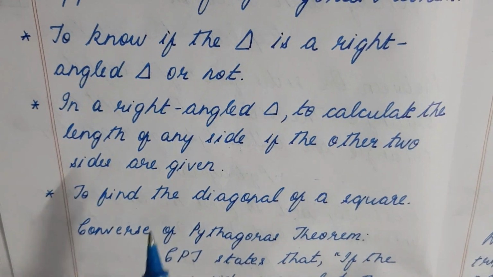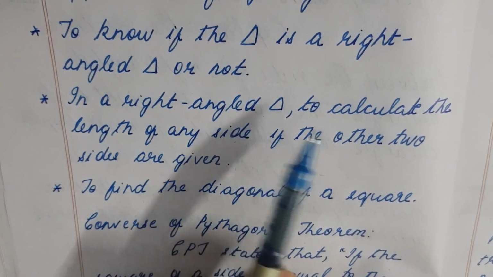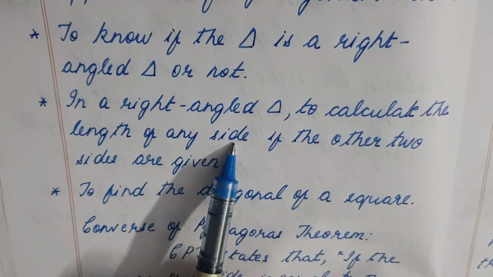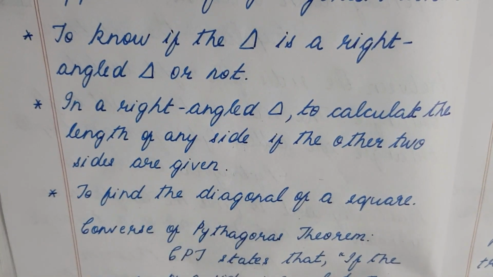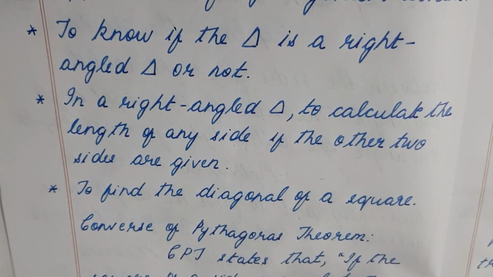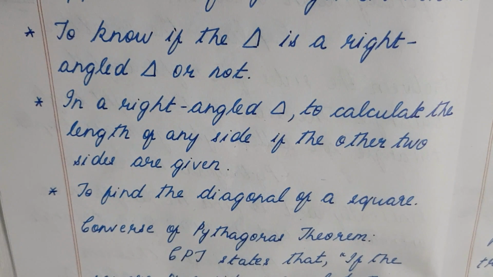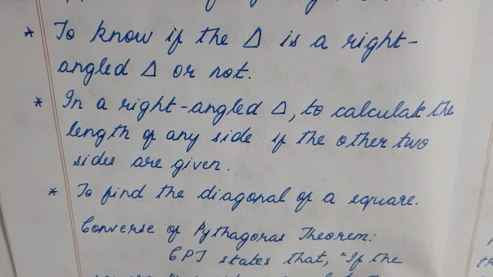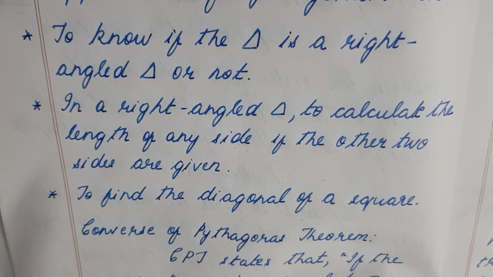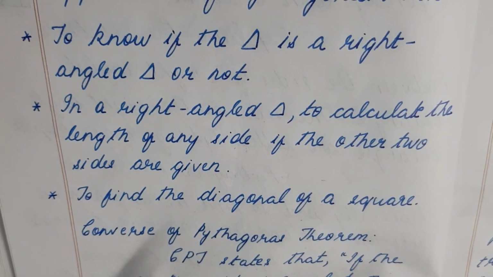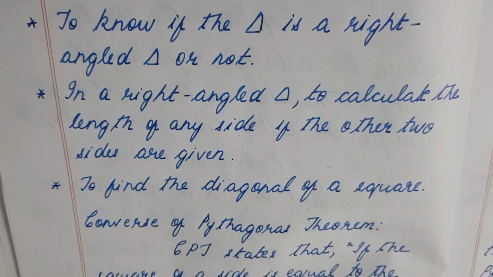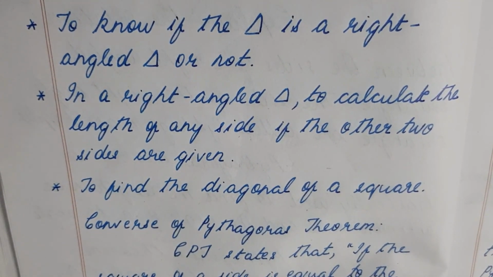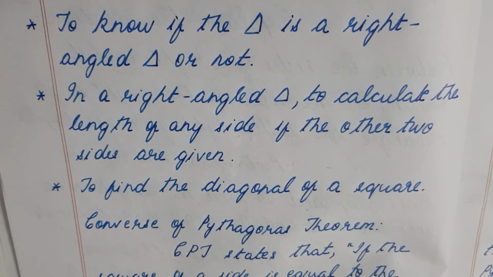Okay, so the second one is, in a right-angled triangle, to calculate the length of any side if the other two sides are given. So for example, இப்போ hypotenuse கொடுக்கல, perpendicularம் பேஸும் கொடுத்திருக்காங்க. அப்போ நம்ம hypotenuse கண்டுபிடிக்கணும்னா then we can use this Pythagorean theorem and we can find out what is the hypotenuse. Okay, so அது can be hypotenuse or it can be perpendicular or it can also be base.